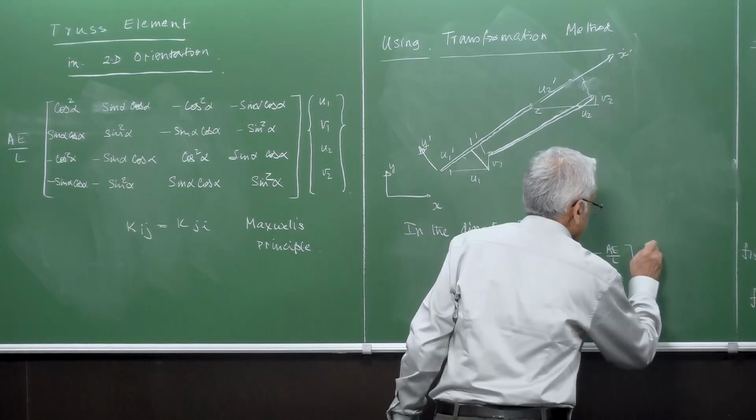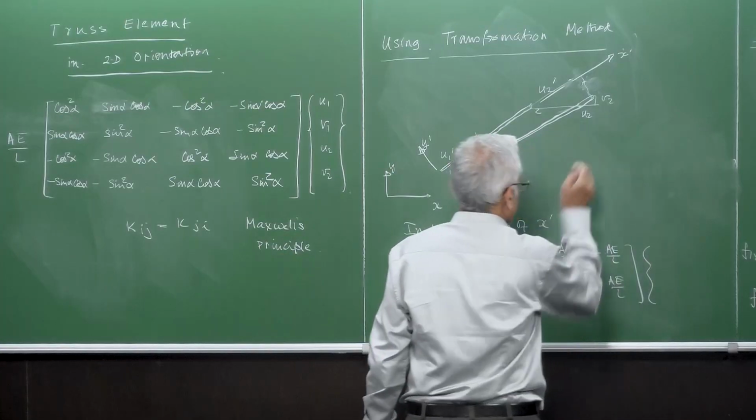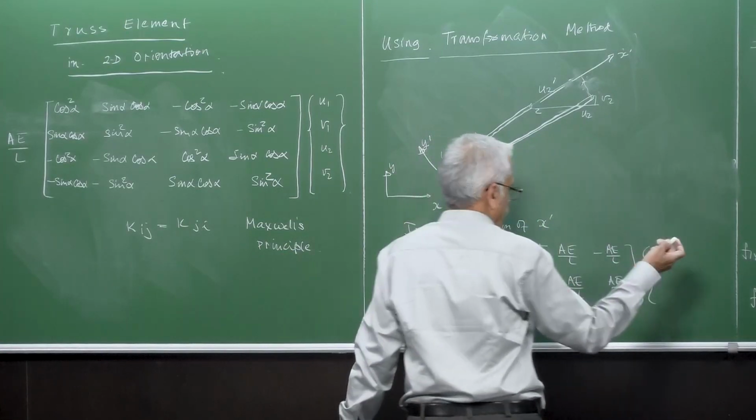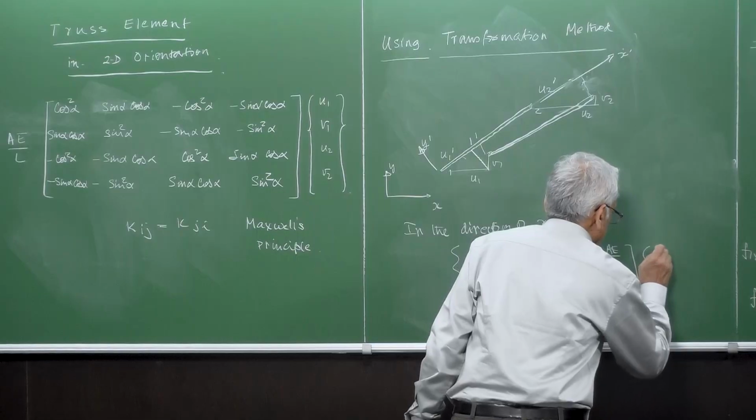AE by L is nothing but the stiffness of the truss element in the axial direction, or you can also say spring stiffness.